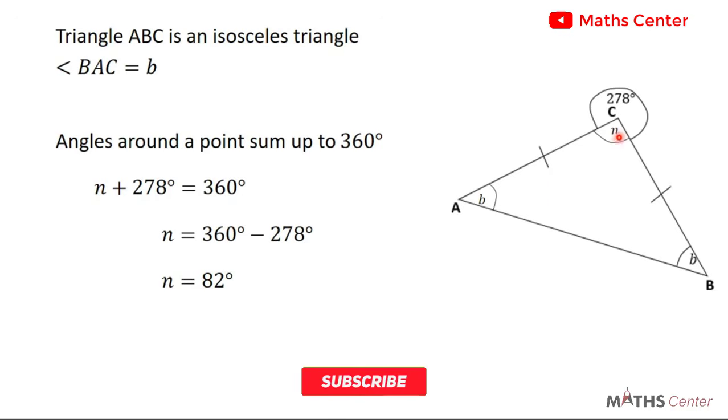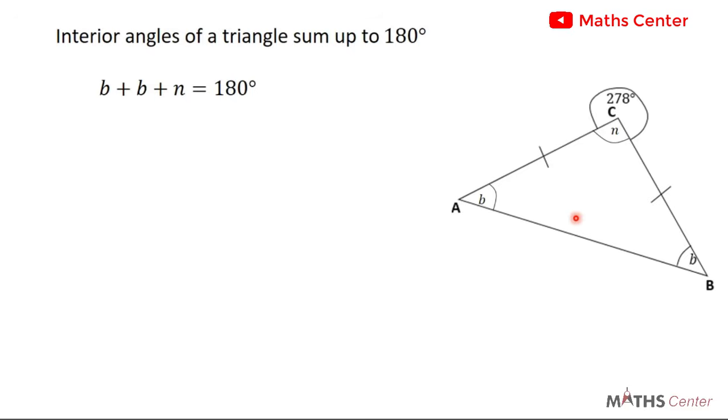So now we have been able to find this place here to be 82 degrees. Here is B, here is B. So we can add the interior angles and equate them to 180 degrees, because we know that the interior angles of a triangle sum up to 180 degrees. So B plus B plus N gives us 180 degrees. We have already found N to be 82 degrees.